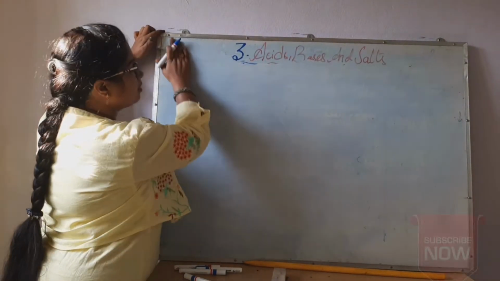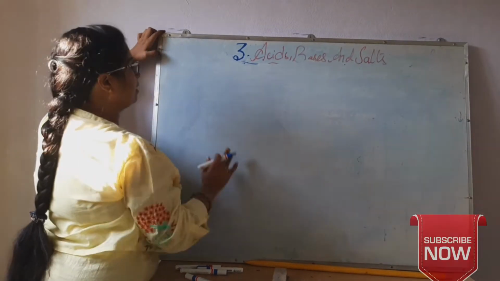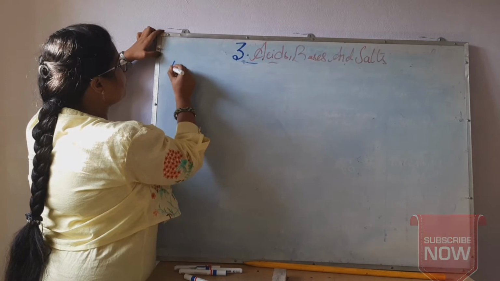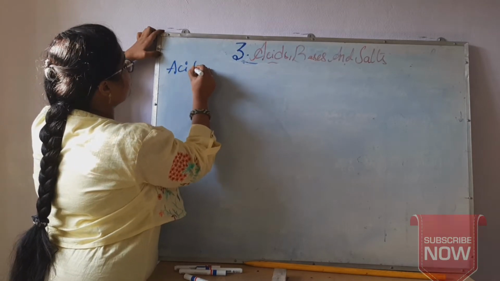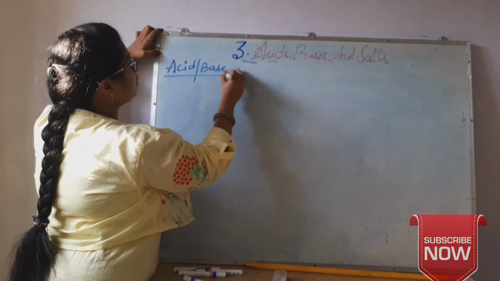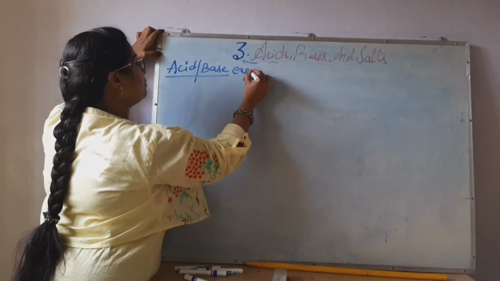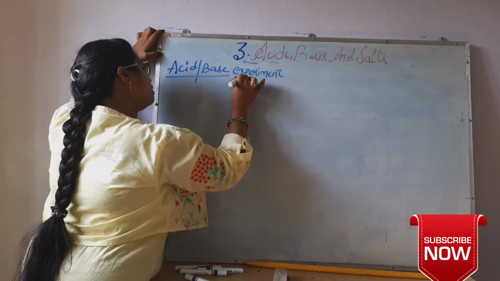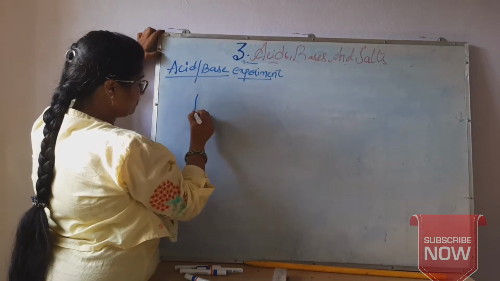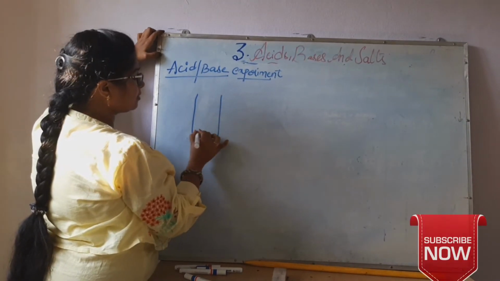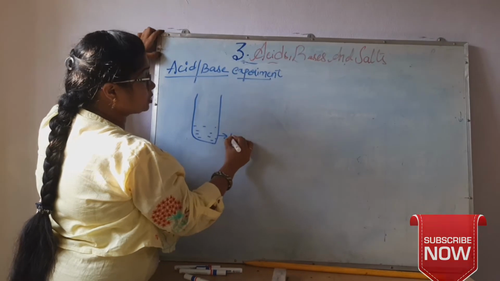And next, we'll go with what? See, when you do experiments with an acid or a base, HCl is a strong acid.